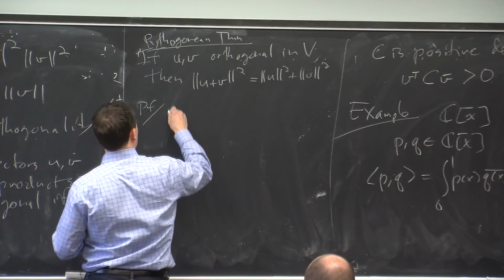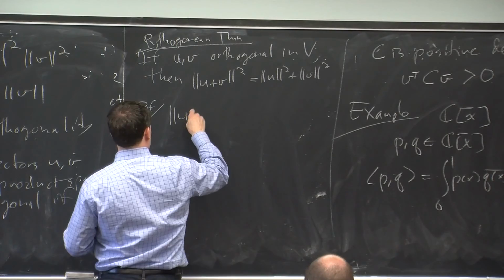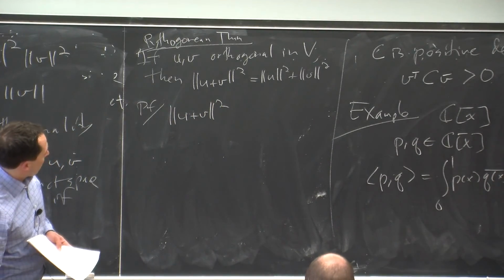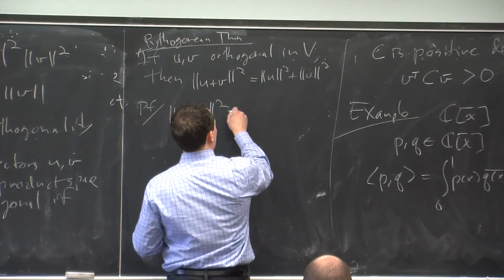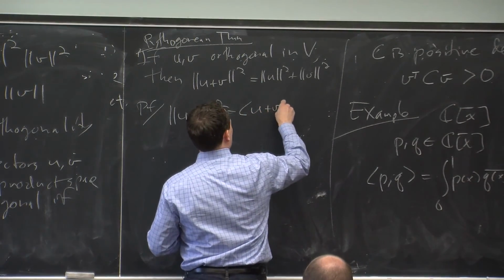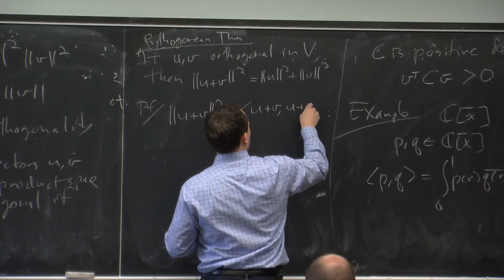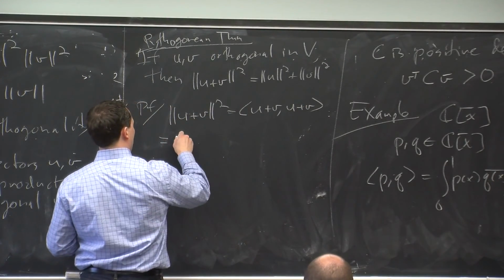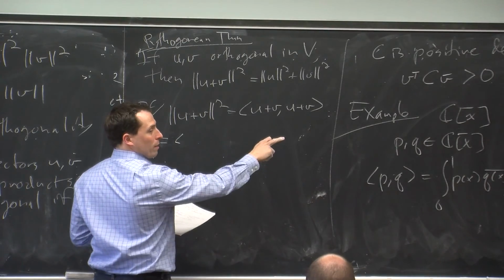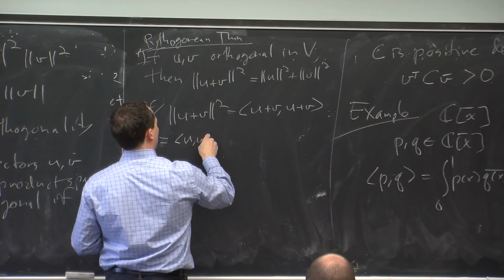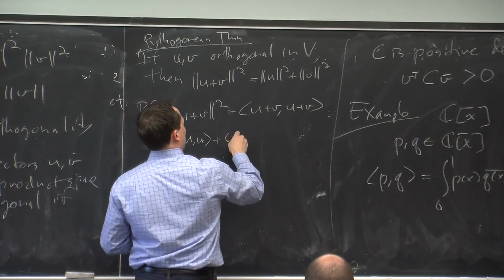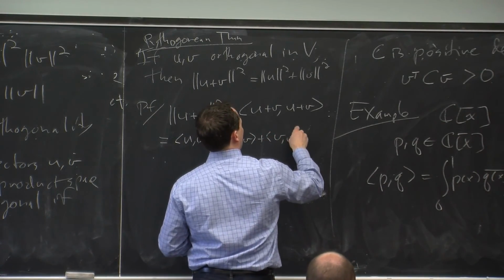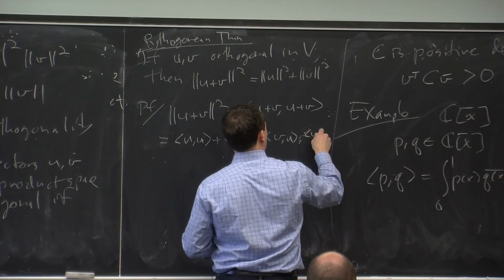And the proof: I take the norm of u plus v squared. As I said, when you try to prove something about a norm, the first thing you should do is expand it. The inner product of u plus v with u plus v. Now let's use additivity. This breaks up into 4 terms: UU, UV, VU, and VV.